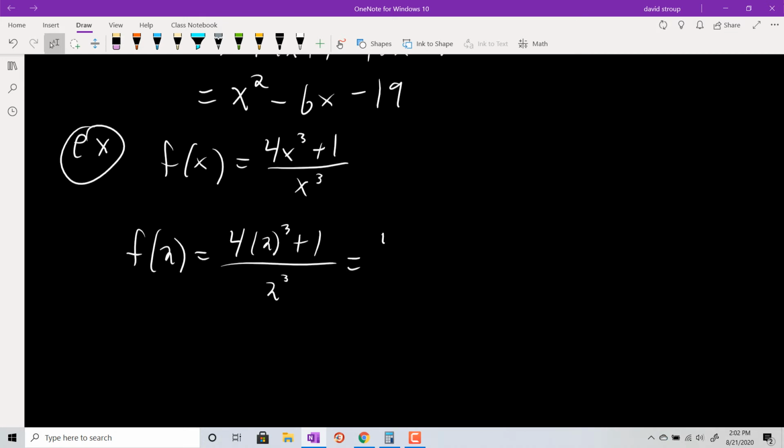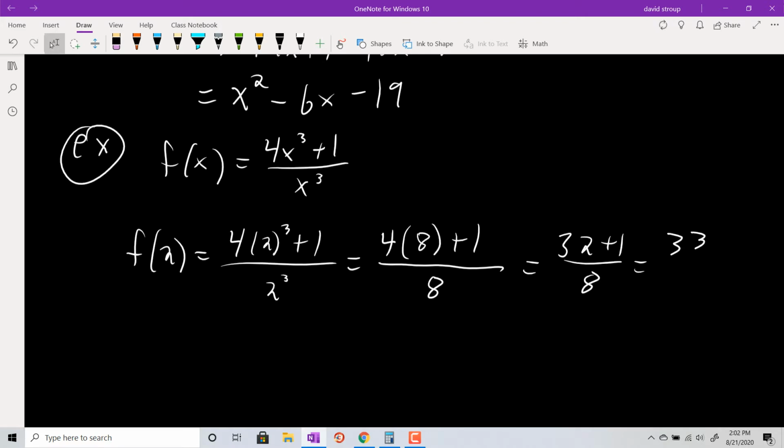Okay, so order of operations, exponents first. 2 cubed is 8. 8 downstairs. Multiplication comes next. And then finally, 33 over 8.